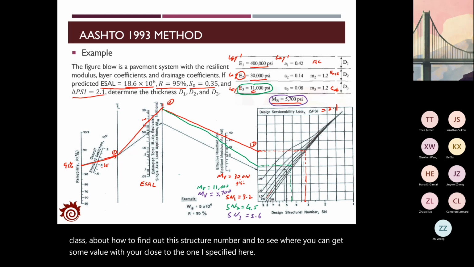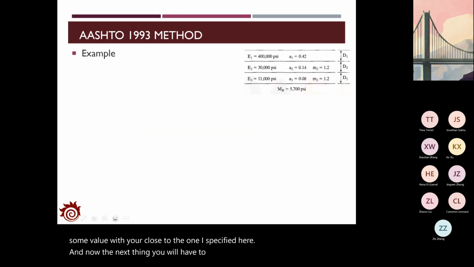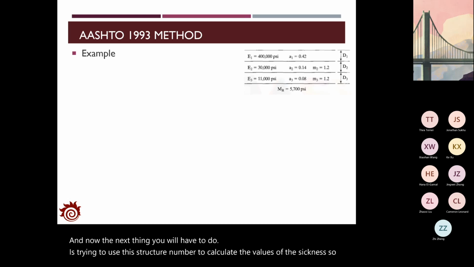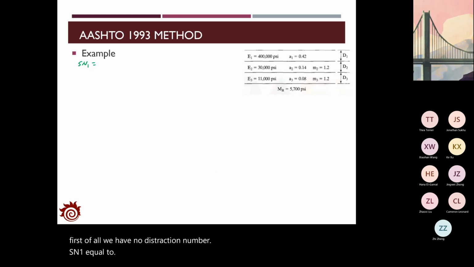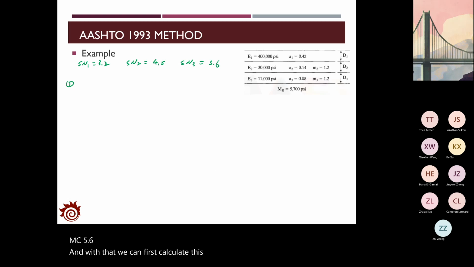Now the next thing you will have to do is use the structure numbers to calculate the thickness values. First of all, we know SN1 equals 3.2, SN2 equals 4.5, SN3 equals 5.6. With that, we can first calculate the thickness of layer 1.